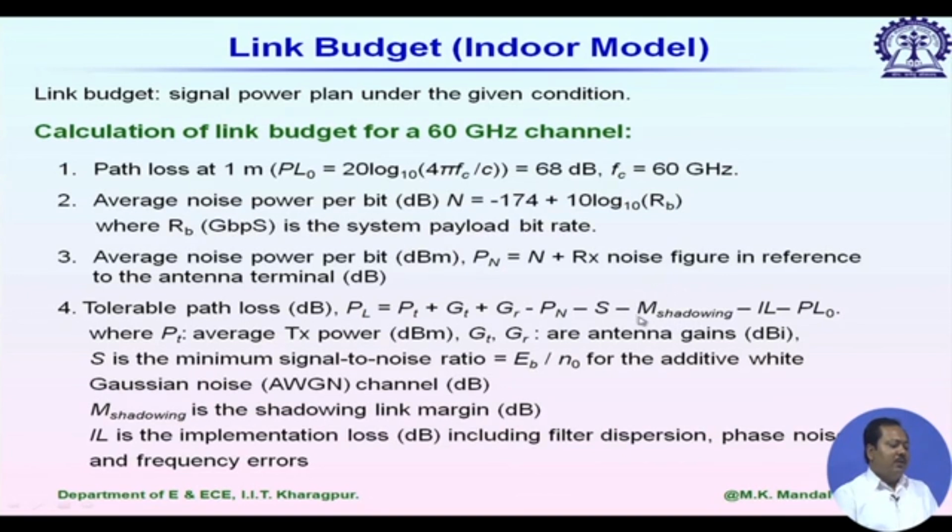So, depending on the scenario, we have to put a suitable value for M shadowing, and here S is the minimum signal to noise ratio, E_b by N_0, for the additive white Gaussian noise channel, and IL is the implementation loss in dB, including filter dispersion, phase noise, and any frequency error. So, everything is taken into account in IL. Then we can calculate the total loss from here.